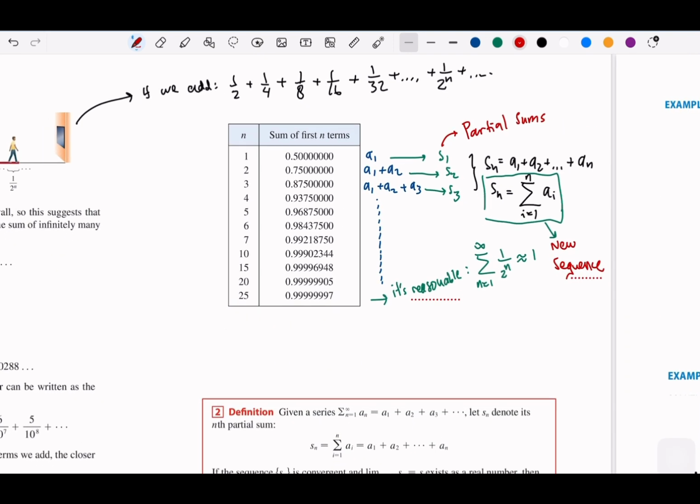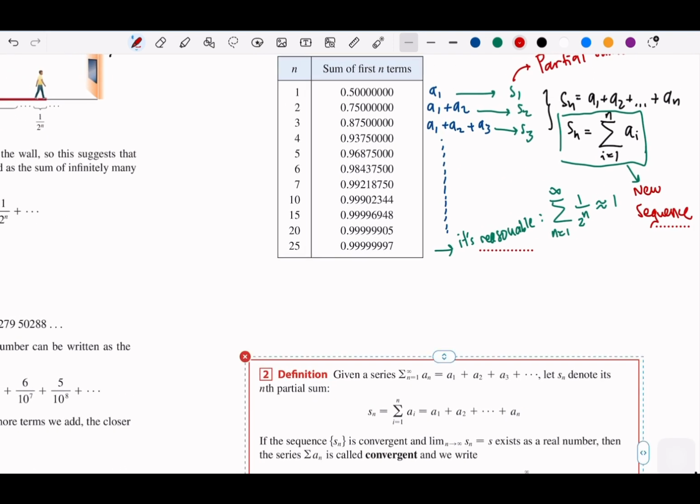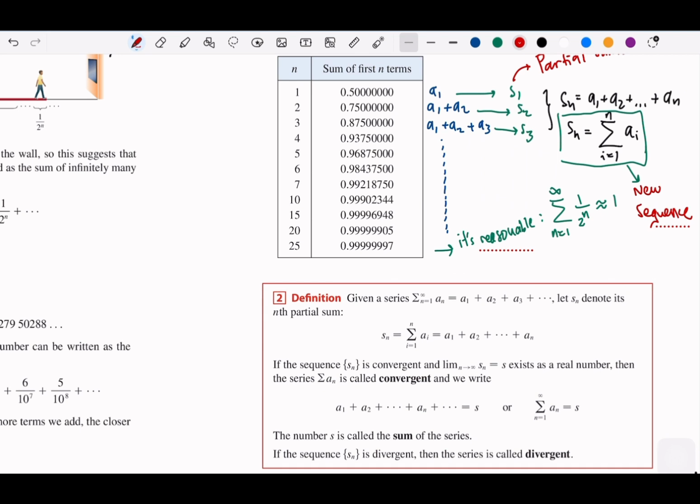So the official definition here, let me just wrap up what we have above. Let me go through the definition first, and we see how we could elaborate. So if we have a series a1 plus a2 plus a3, etc., and if we define the partial sum Sn as the sum of the ai, or the terms in the sequence, we are going to add a1, a2, a3, and etc. until an.